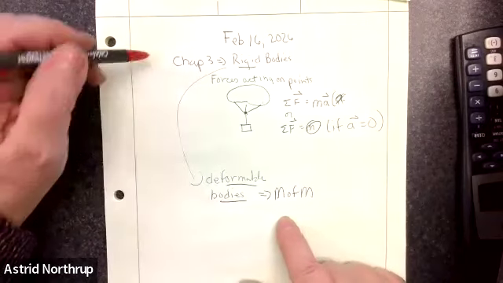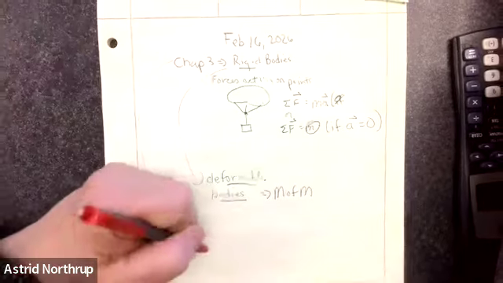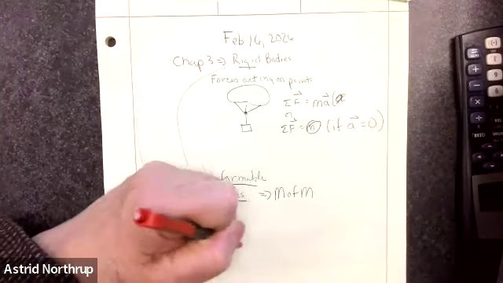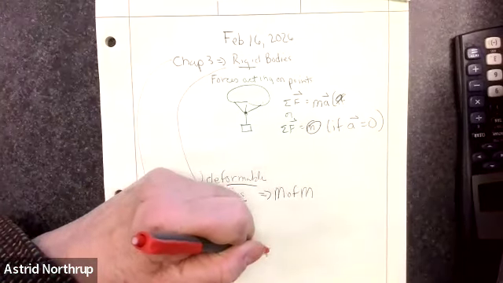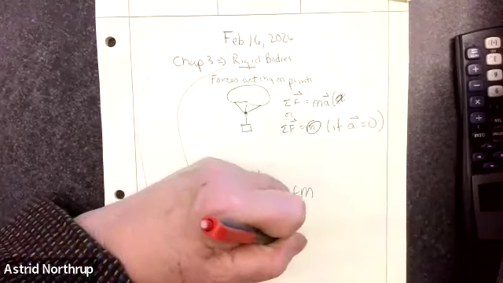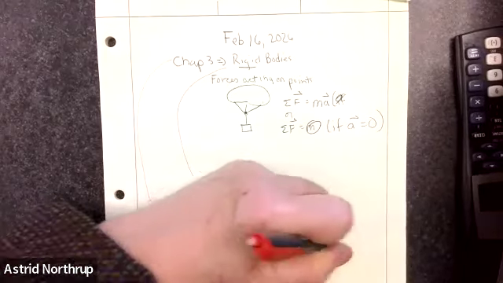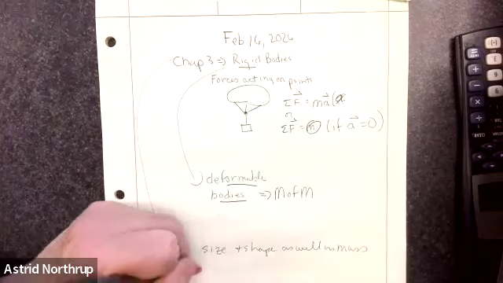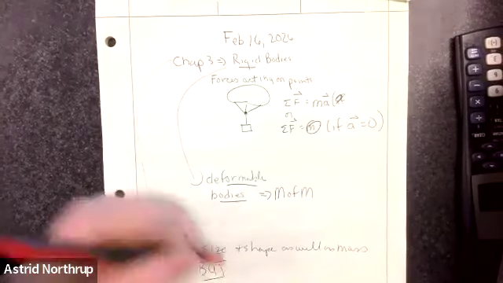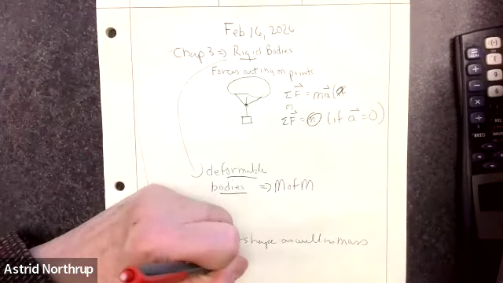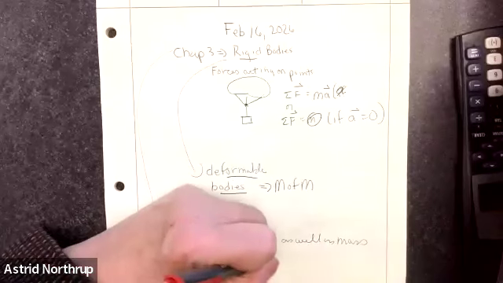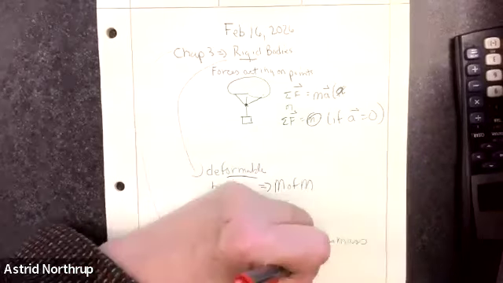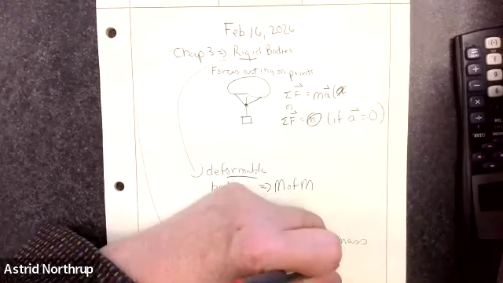But when we talk about rigid bodies, we're going to talk about bodies that have a size and shape, as well as a mass. But the assumption we make is they are able to bear whatever loads we put upon them.